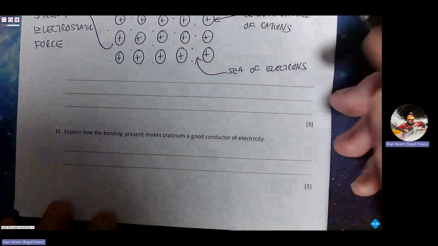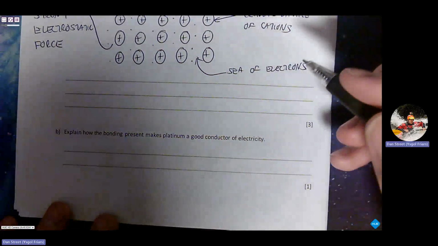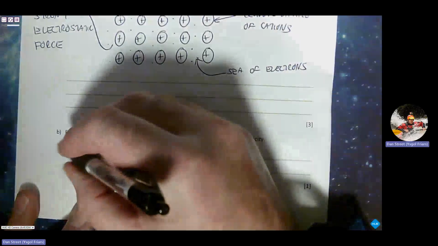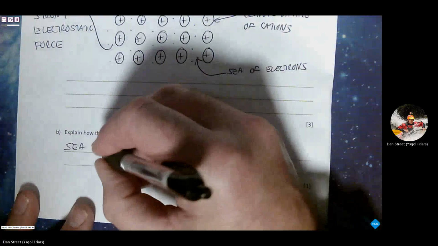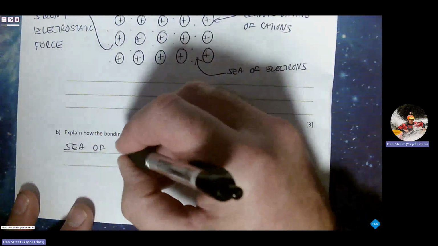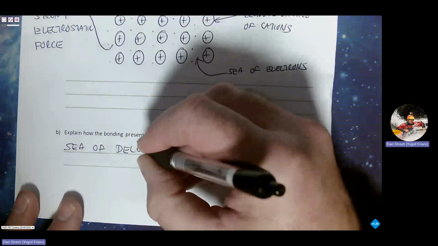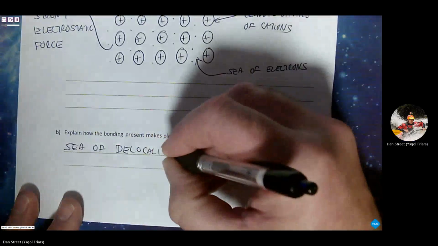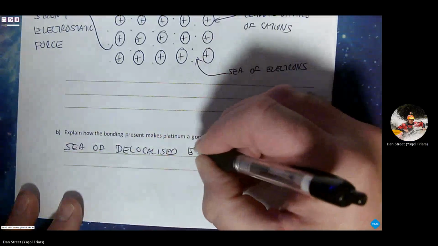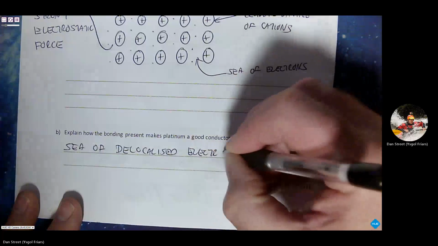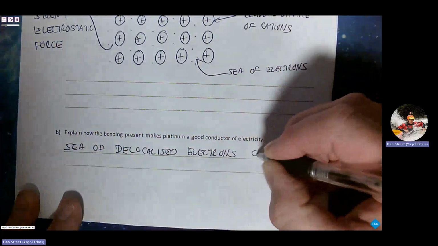Okay, explain how the bonding present makes platinum a good conductor of electricity. Okay, so the sea of electrons, and we could even put in the word delocalized electrons, can carry charge.